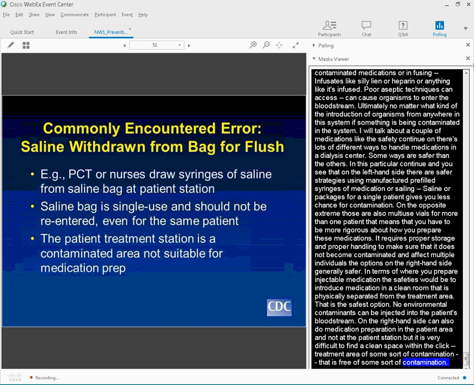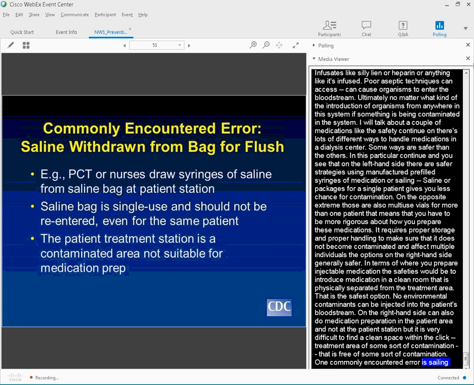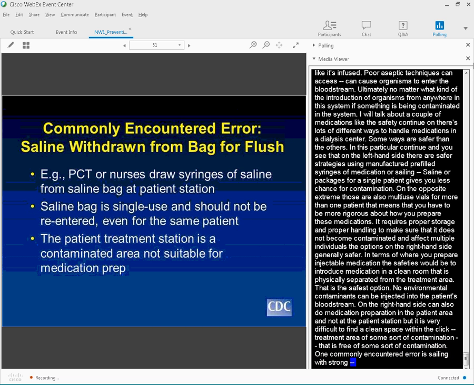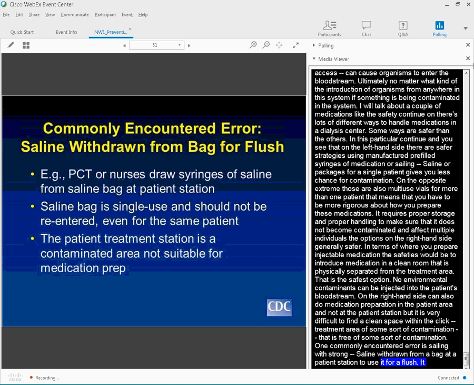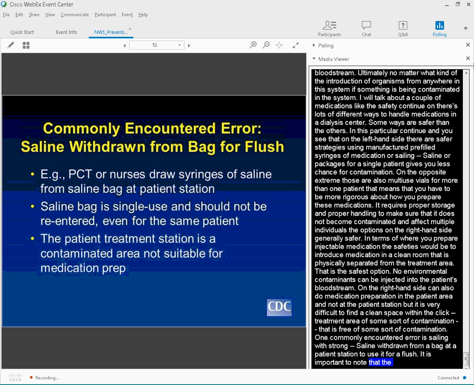So one commonly encountered error is saline withdrawn from the bag at the dialysis station for flush. So here what we're talking about is the tech or nurses draw syringes of saline from the saline bag at a patient station to use them for flush. It's important to note that the saline bag is single-use and should not be re-entered even if it's for the same patient. And the patient treatment station is a contaminated area and it's not suitable for medication prep.